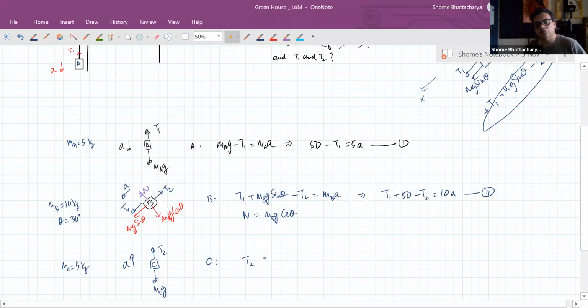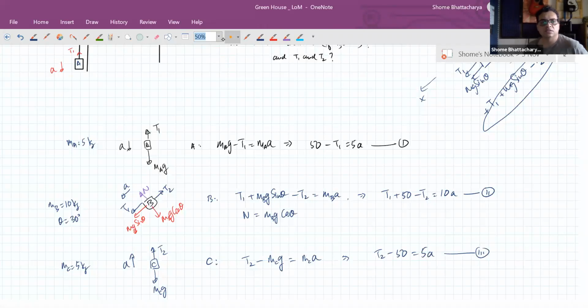So tension T2 has to be greater than the weight, that is mass into acceleration. This is telling us that T2 minus 50 is equal to 5A. So that's our third equation.